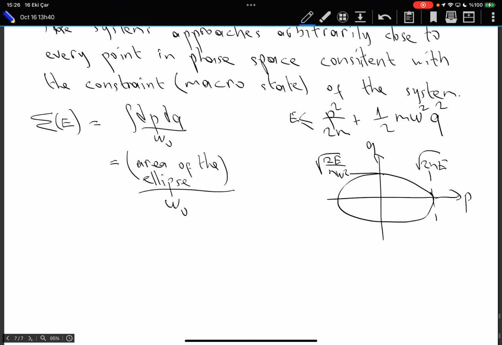The area of a circle is pi r squared, and a circle is just an ellipse with equal major and minor axes. So for an ellipse, it's pi times the product of the major and the minor radii. These m's will cancel. I have 2 pi E over omega.